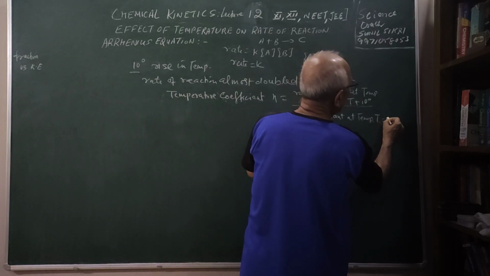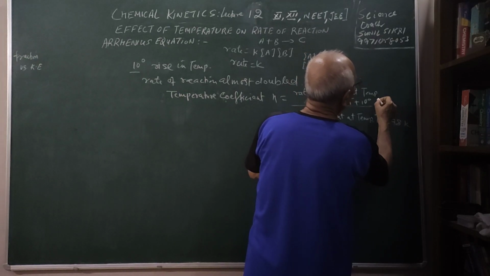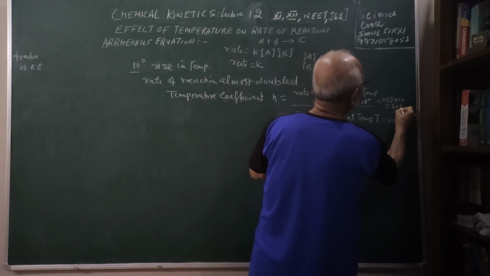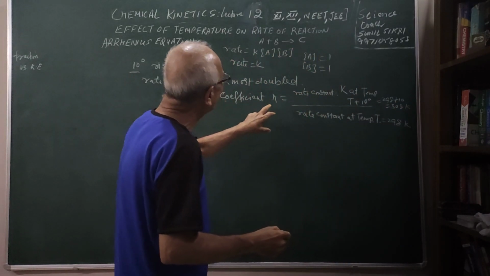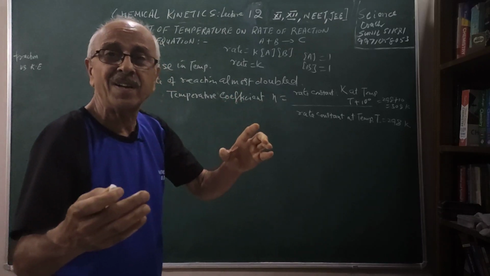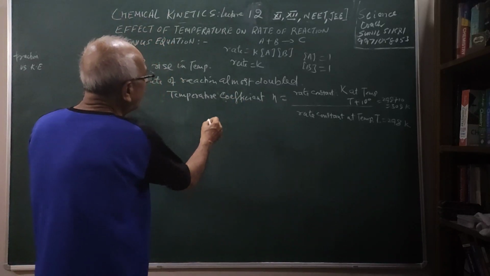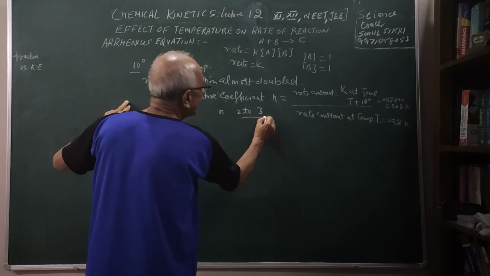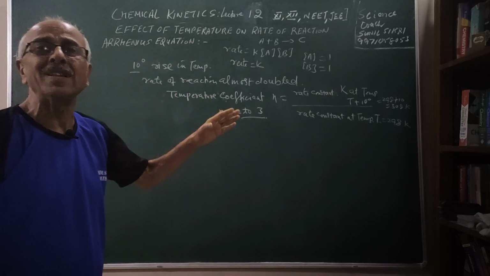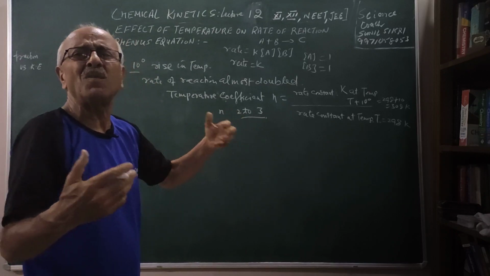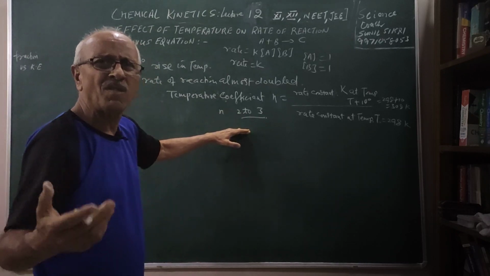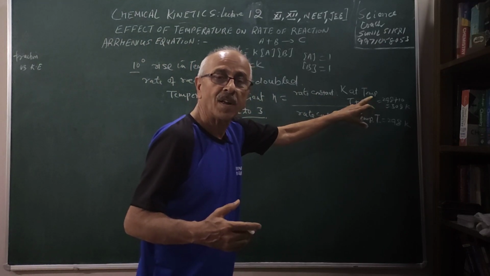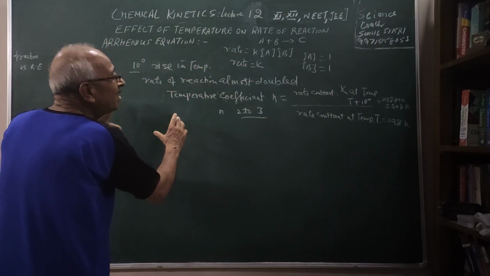For example, if this is 298 Kelvin, then this becomes 298 plus 10, 308 Kelvin. So the temperature coefficient was determined for the reactions, and they found that this value lies between 2 and 3. That means the rate almost doubled in most of the reactions for every 10 degree rise in temperature. Now the question is why it is happening like this?